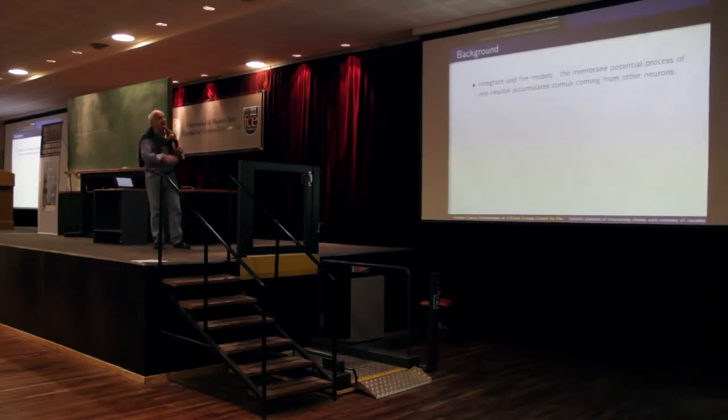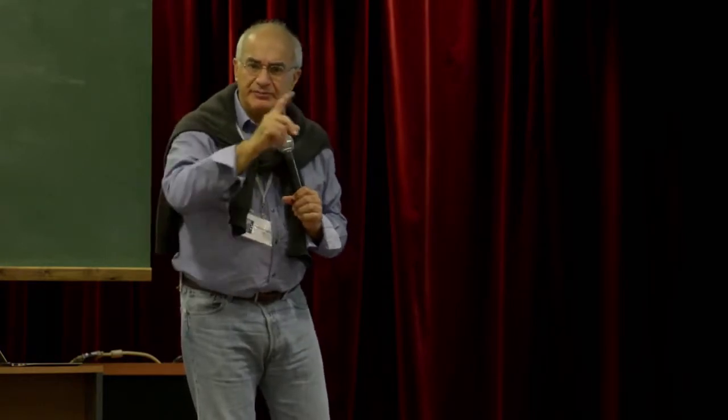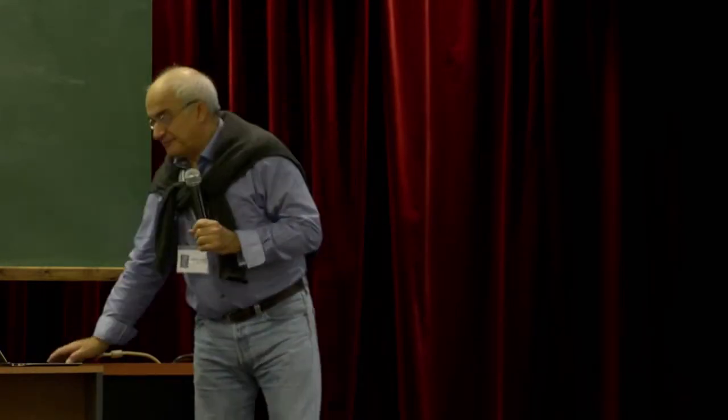Let me describe it. The membrane potential process of one neuron accumulates stimuli. I'm using stimulus in a very loose way; I want to say difference of potential. It's a more complicated model, and in a few seconds, Pablo will ask me a question. So pay attention, Pablo.